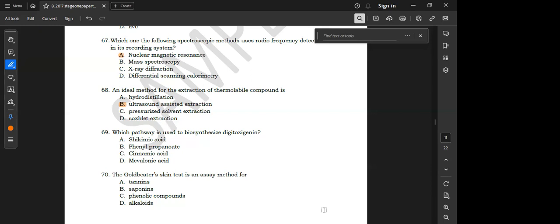Google is saying mevalonic acid is the precursor in the biogenesis of digitoxygenin.